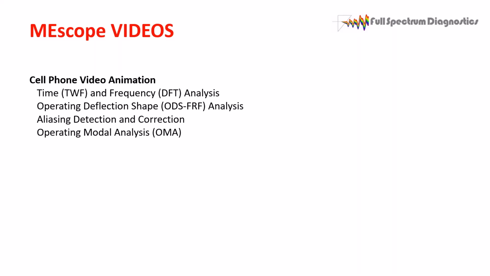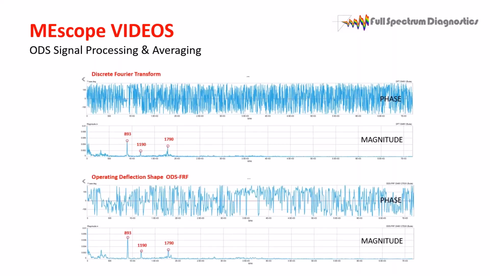We'll move on. This is ODS signal processing and averaging. The top plot is the Fourier transform. The discrete Fourier transform is the 893, 1190, and 1790 at the bottom of this plot. The top of it, they look the same, like they're trying to do something, but they're a little bit different. This is the time waveform, or is it?